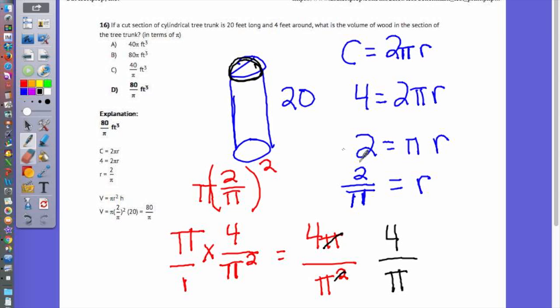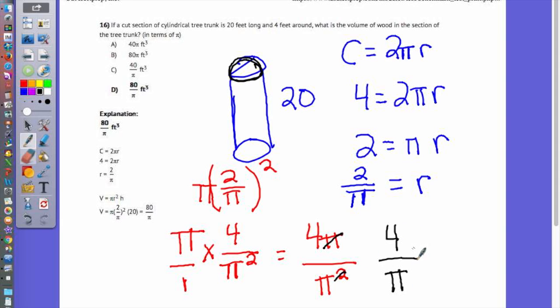To recap, I found that the radius was 2 over pi. I did 2 over pi squared, which gave me 4 over pi squared. I multiplied that by pi, got 4 pi over pi squared, and simplified that to 4 over pi. That is the area of the circular base.